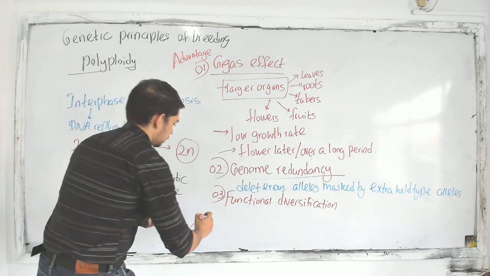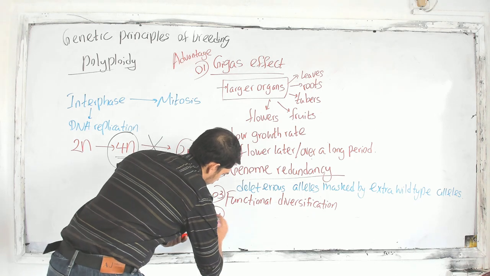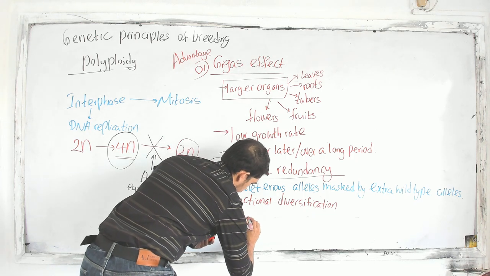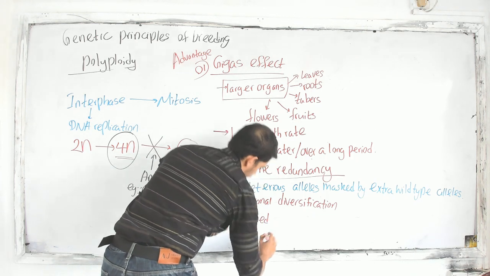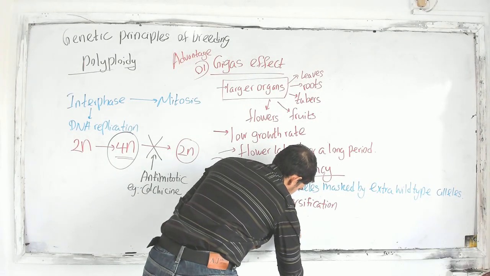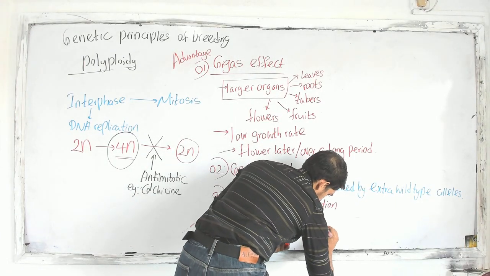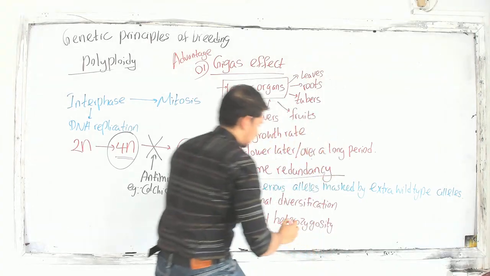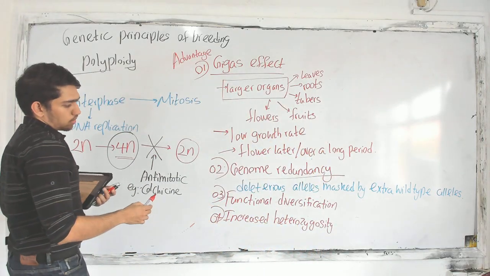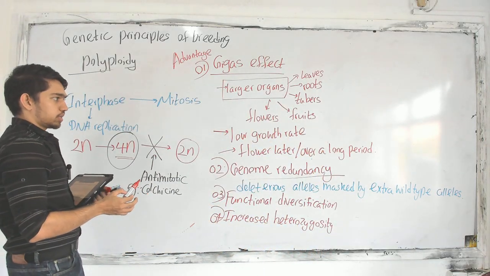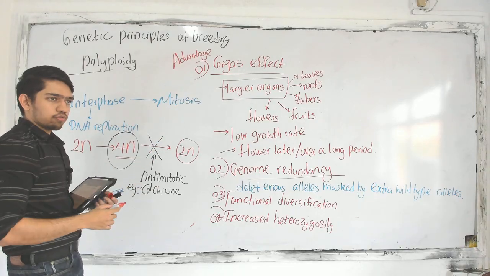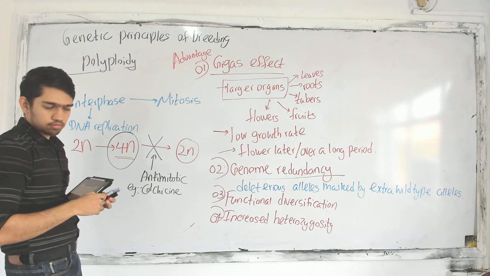Okay, finally, there is something called increased heterozygosity. This is also going to mask bad alleles and also increase the effects of good alleles.